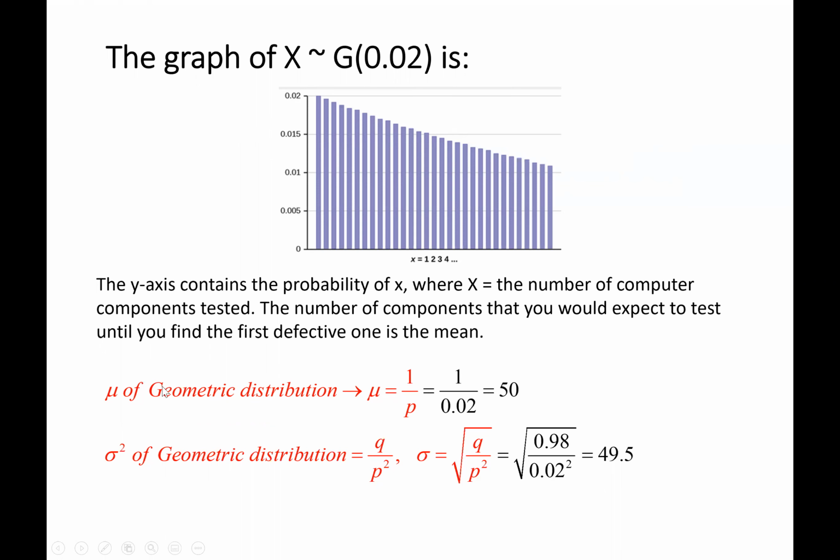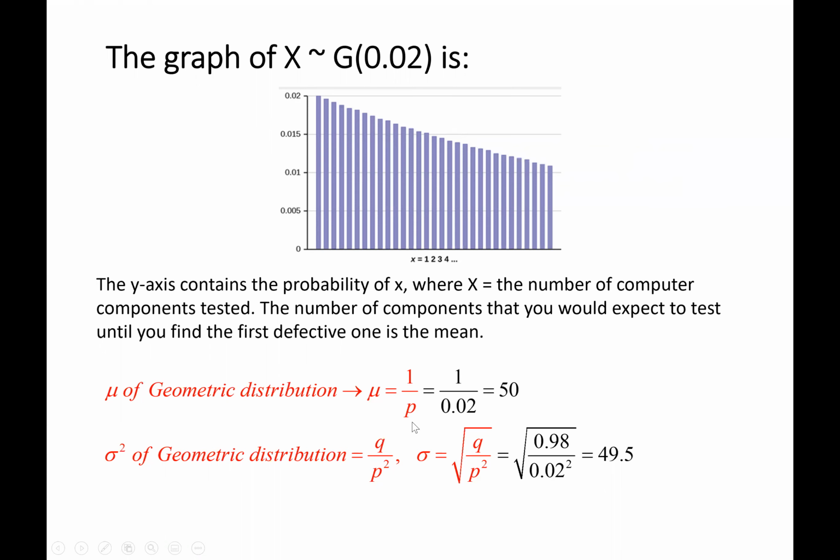The mean of a geometric distribution is found by 1 over p. So it's the reciprocal of the probability of a success. So in our case, mu is 1 over 0.02 or 50. So on average, you would expect to have to look at 50 components before you found one that was defective.